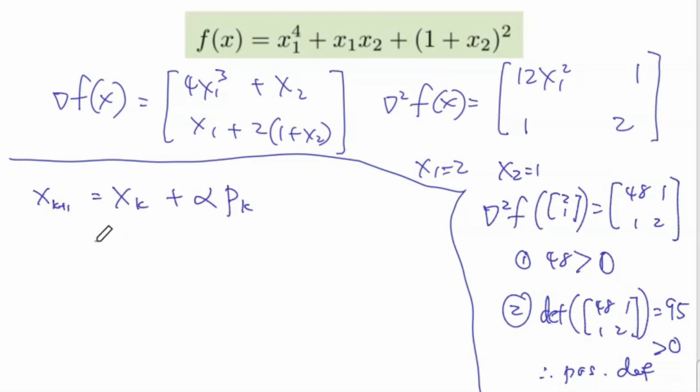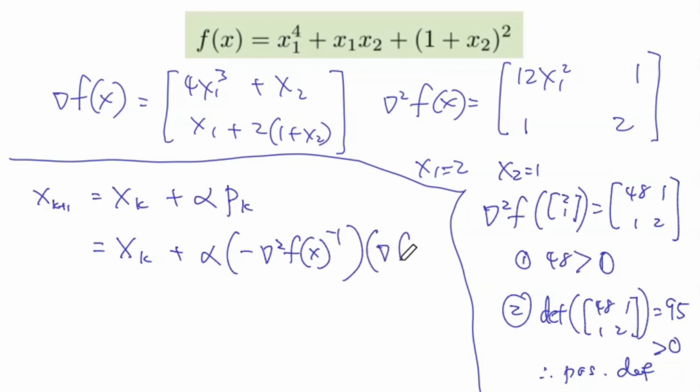But the issue here is that pk is not that simple. pk is the negative of the inverse of the Hessian product with the gradient. So this is the calculation for the next point using the Newton method.